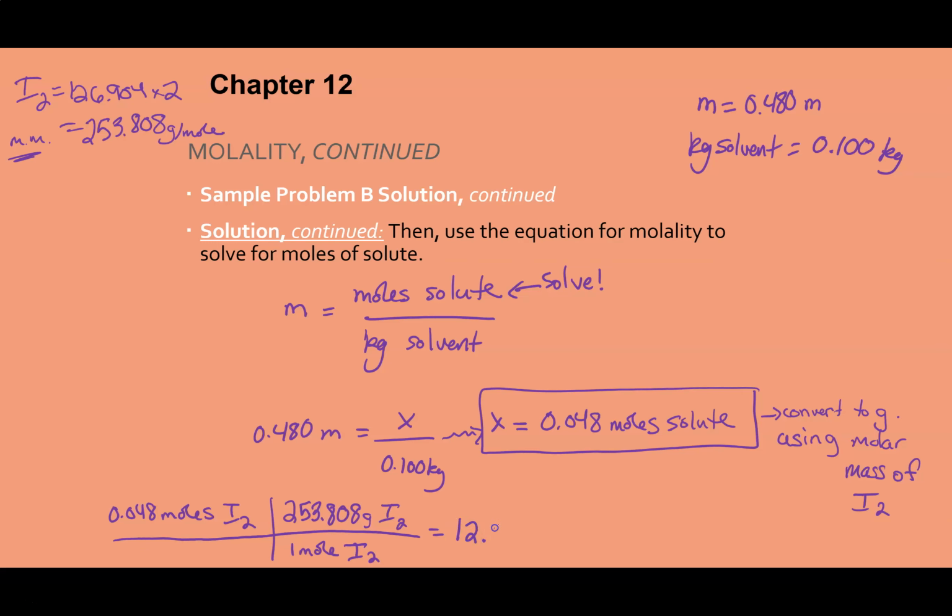Which comes out to be a mass of 12.183 grams of I2.